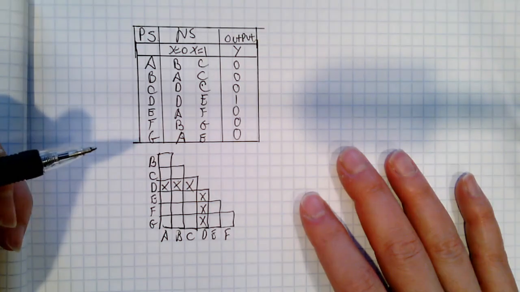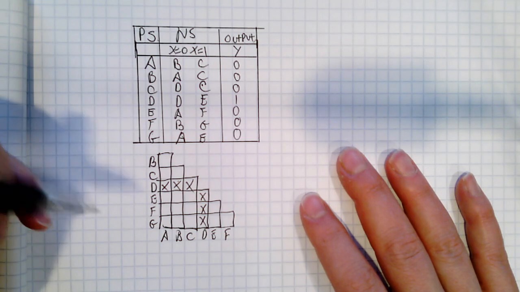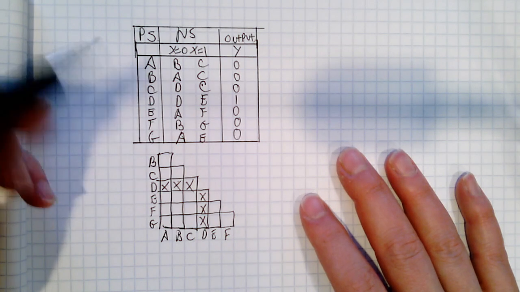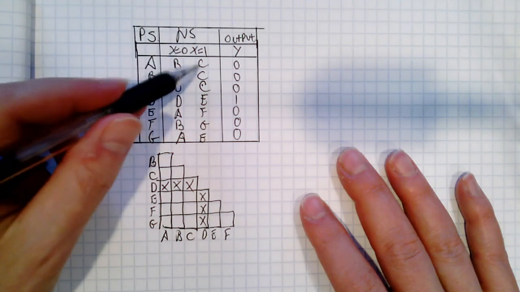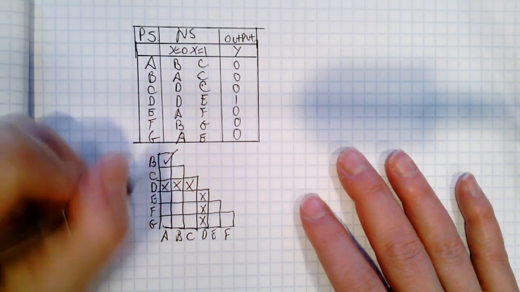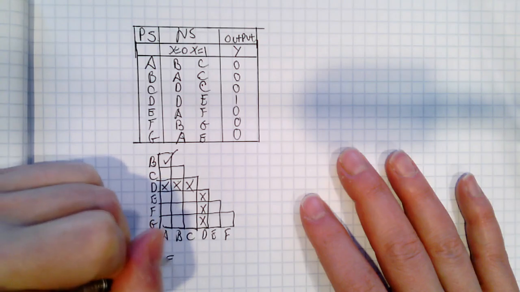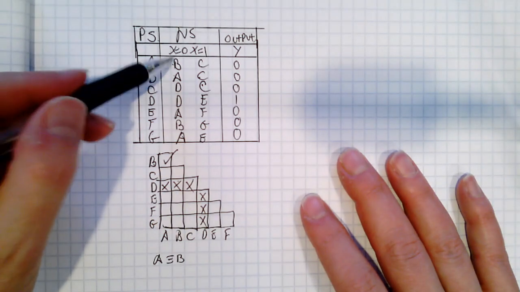And now I can do my piecewise comparisons, right? A and B are equivalent if A is equal to B, and if C is equal to C. So I say that A and B are equivalent, because we have a self-referential equivalency here.